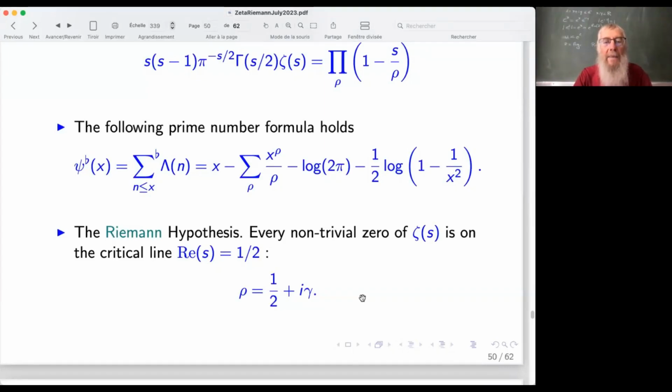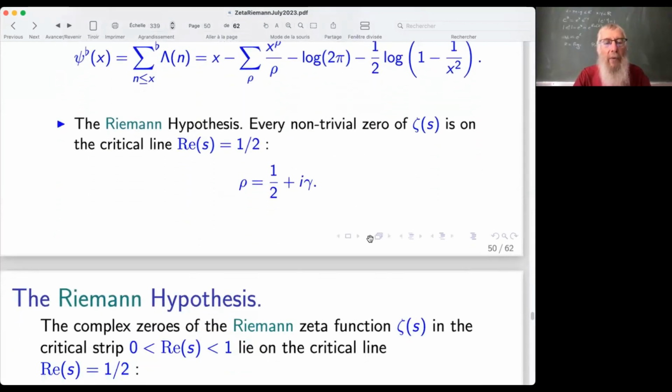And then in this paper, he states the Riemann hypothesis, which is that every non-trivial zero of zeta of s is on the critical line, 1/2 plus i gamma. But he said that he does not claim to have a proof. He just says that this is a result that he believes to be true, but he did not spend too much time to try to prove it, he says.